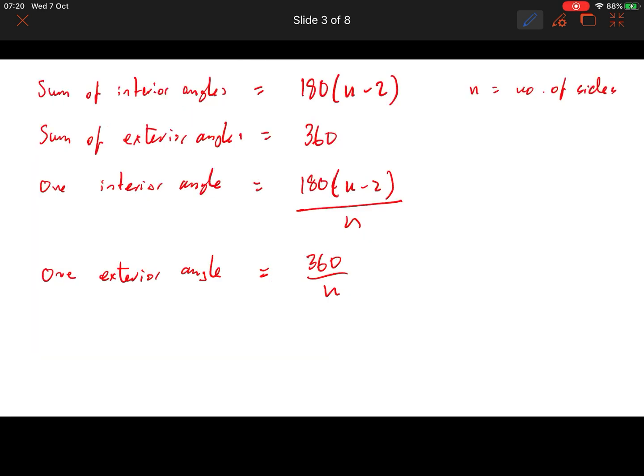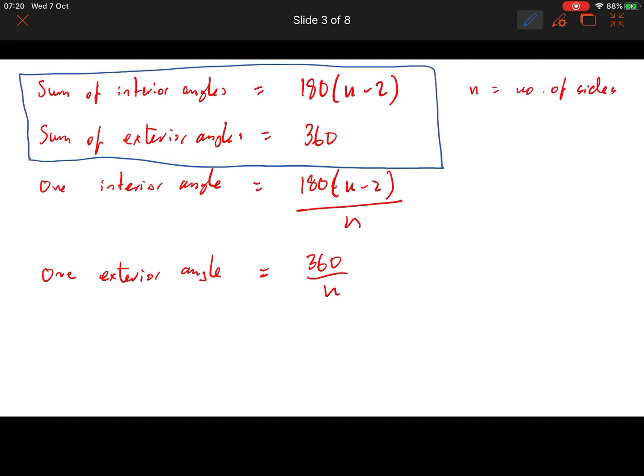Okay, so the sum of interior angles is equal to 180 times the number of sides minus 2. The sum of exterior angles is 360 degrees. And these are for any polygon. For any polygon, okay? The size of one interior angle is 180 times the number of sides minus 2 divided by the number of sides.